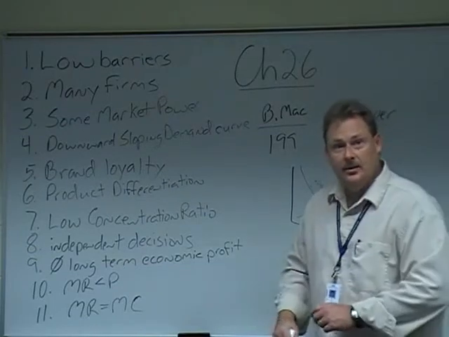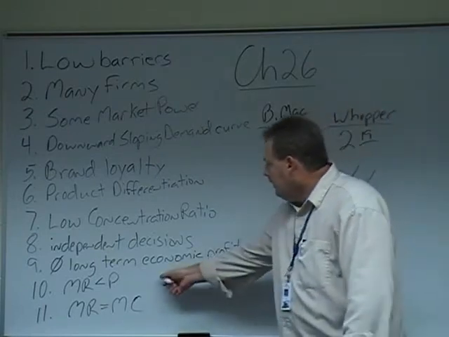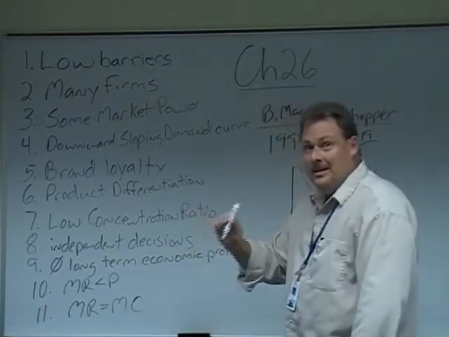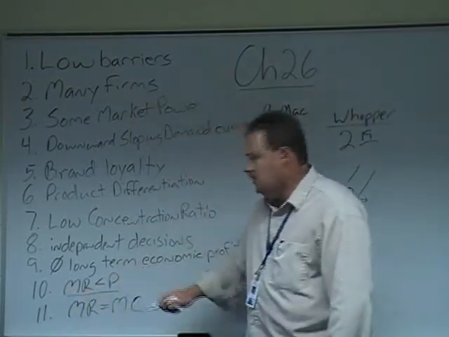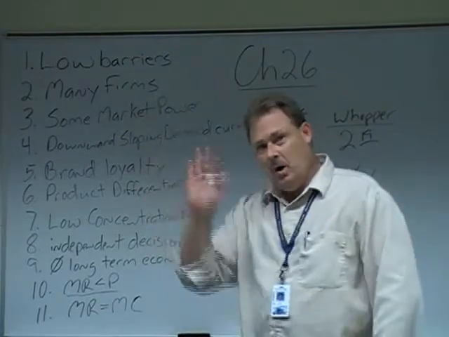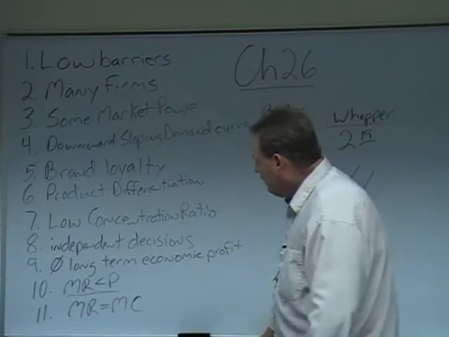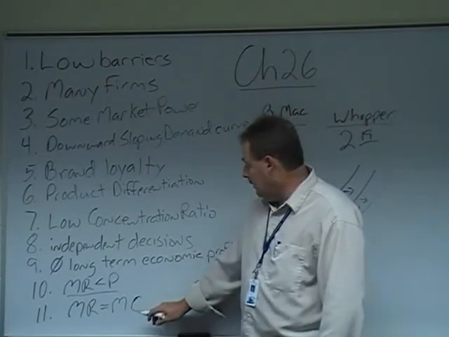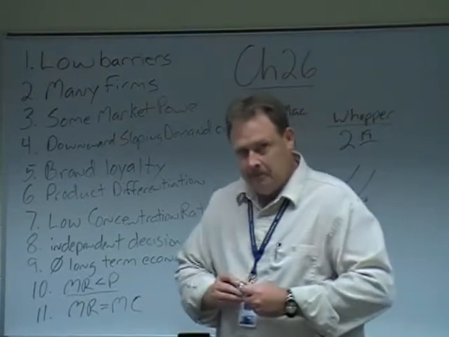In the end, there'll be zero long-term economic profit because of it. Because they have a downward sloping demand curve, much like monopoly, you'll see where they produce an MR less than P. Marginal revenue will always be below price because of that downward slope. And the profit maximizing rule is where MR equals MC, just like all the other industries.